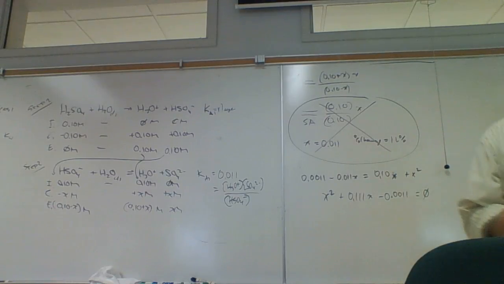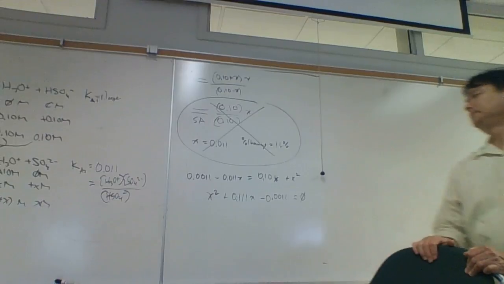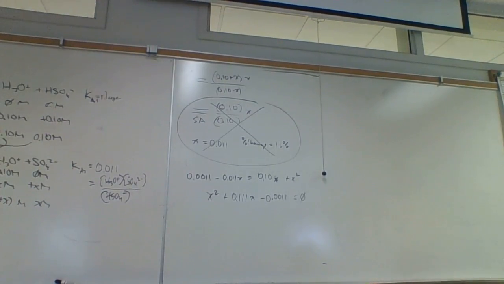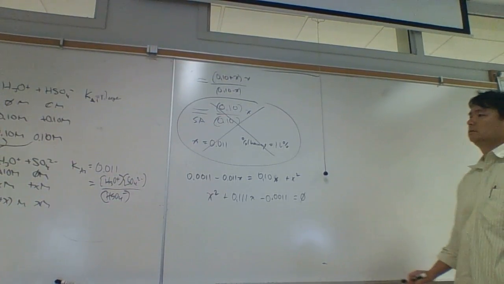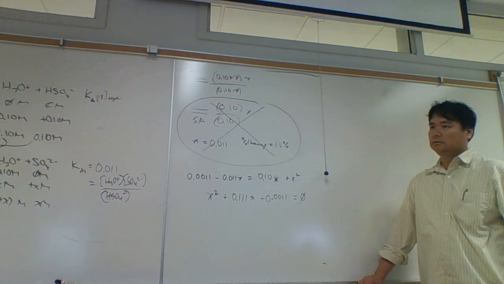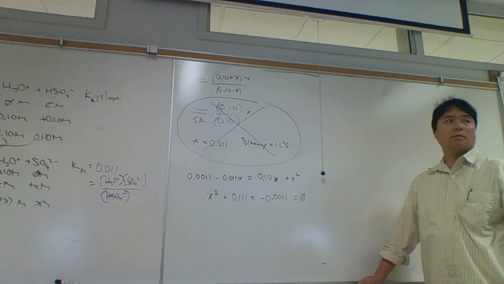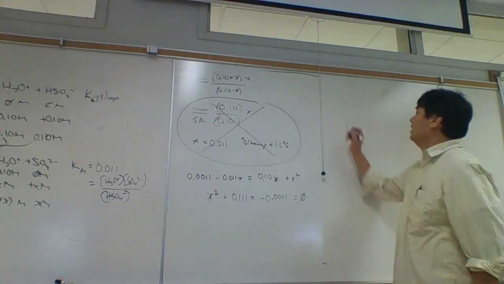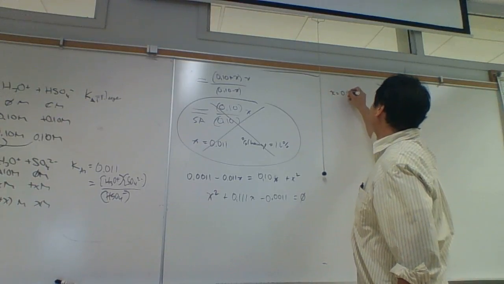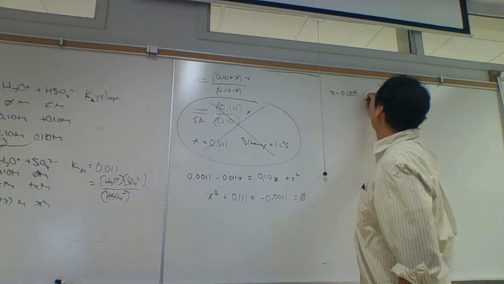Let's get this. Okay, so x is equal to 0.00915.